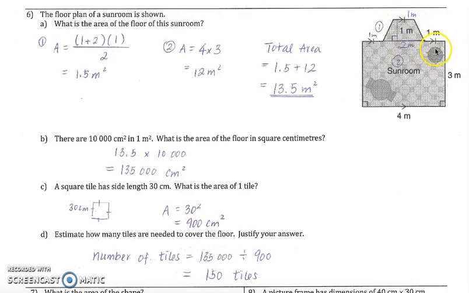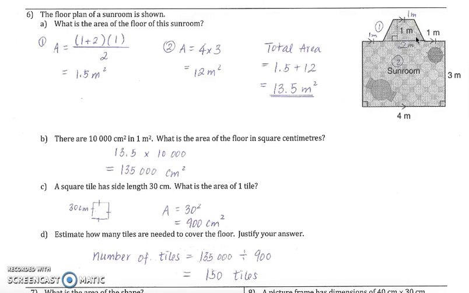So we recognize these little tick marks showing us that any side with this symbol is 1 meter long. So here's 1 meter, here is 1 meter. And we know from end to end in the sunroom is 4 meters long. So 4 take away 1, take away another 1. I have 2 meters forming the base of the trapezoid.